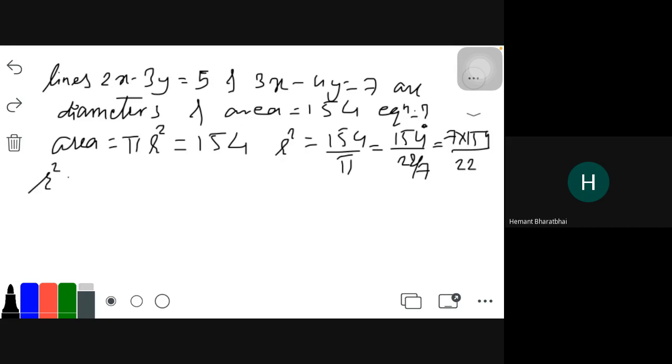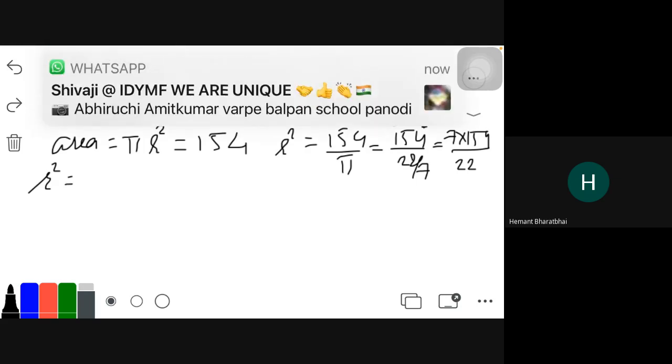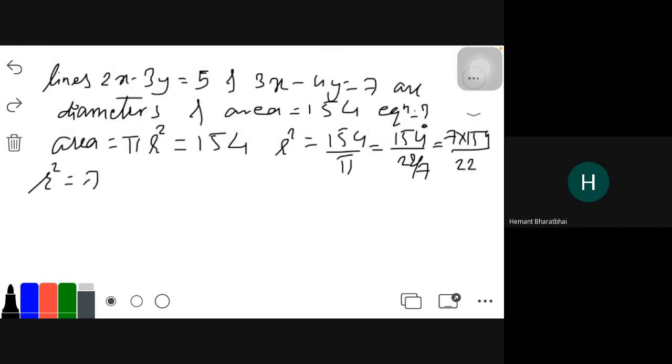So r square equals, I guess in the 22's table we get this 154. 22 sevens are 154. So that will become 7 into 7, which gives us r equals 7. Okay, so we got the radius.